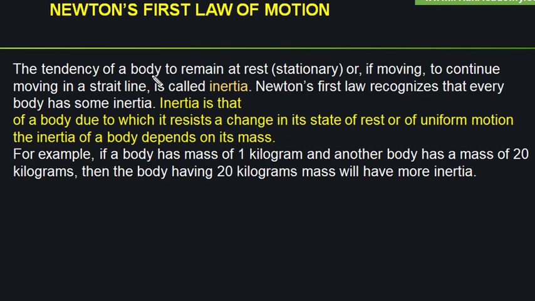The tendency of a body to remain at rest, stationary, or, if moving, to continue moving in a straight line is called inertia. Newton's first law recognizes that every body has some inertia. Inertia is that property of a body due to which it resists a change in its state of rest or of uniform motion.